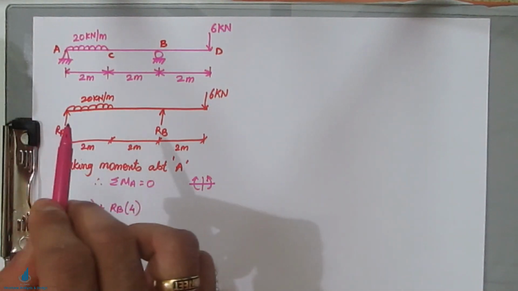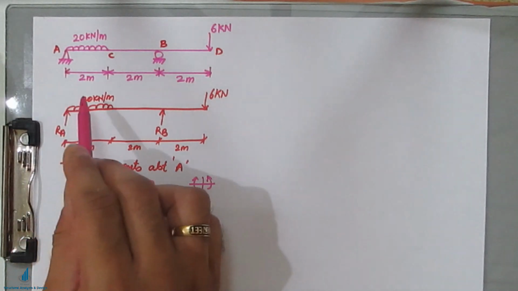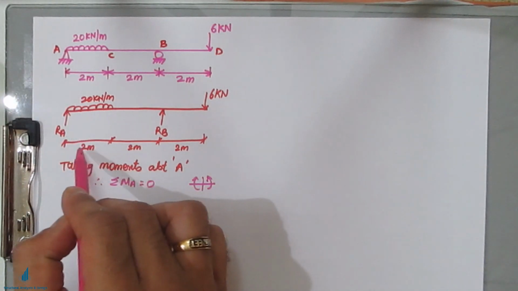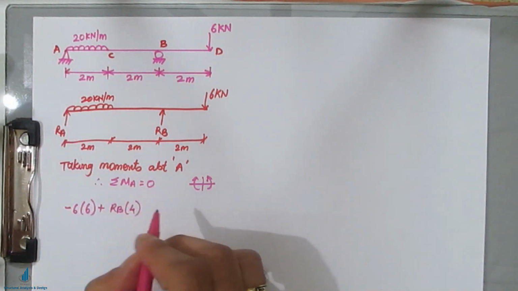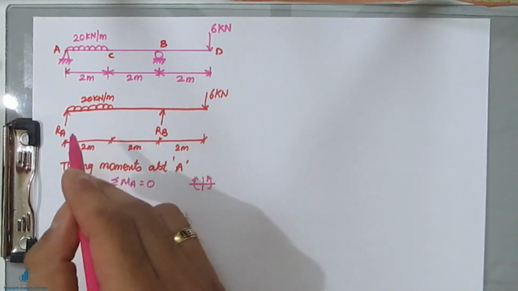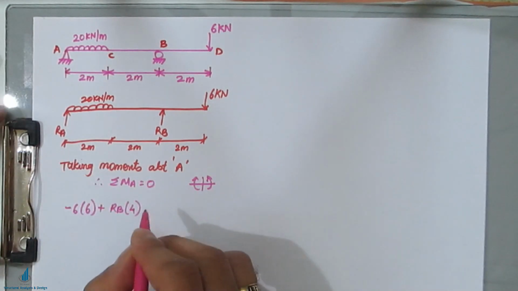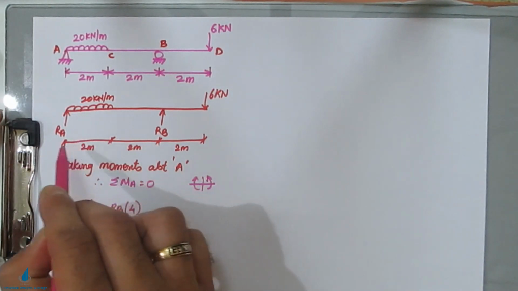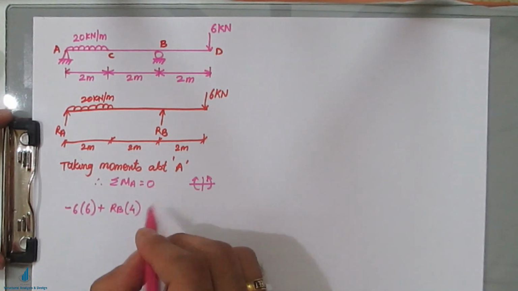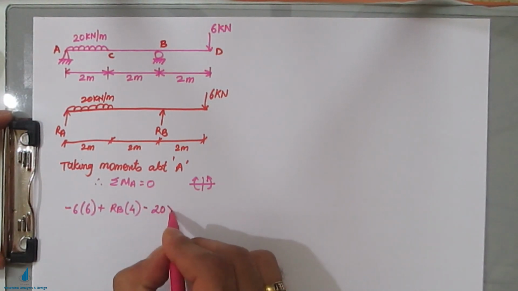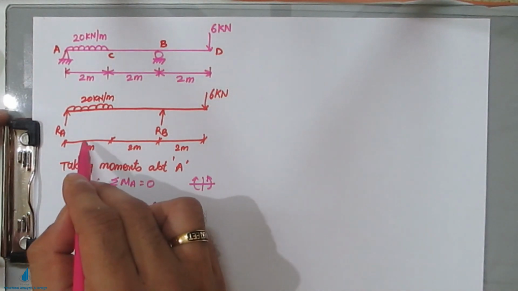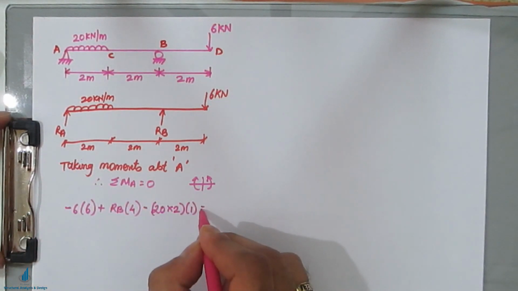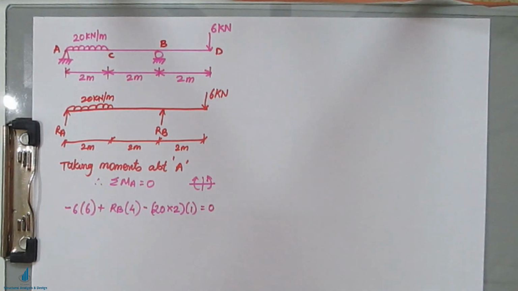As you know, the UDL has to be converted into a point load, and this point load acts at half the distance of the 2 meter span. So it becomes 20 into 2, and it is moving in the clockwise direction, so it becomes minus 20 into 2 acting at a distance of 1 meter, at the center. This equals 0. This is very important while calculating the reactions.